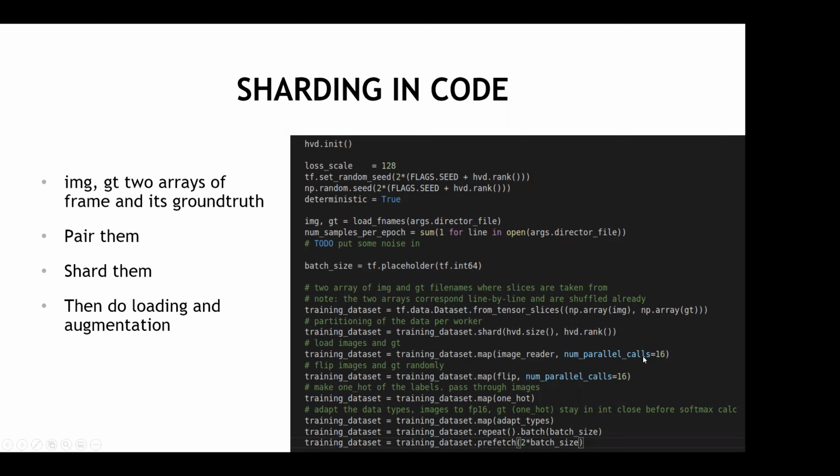A word on the thread count. Many of those APIs, and for example here this map operation, run in parallel when you allow it. So if you go to the pipeline, you find a lot of parameters with regards to the thread amount. And here you see it allows to take 16 CPU threads at this time.